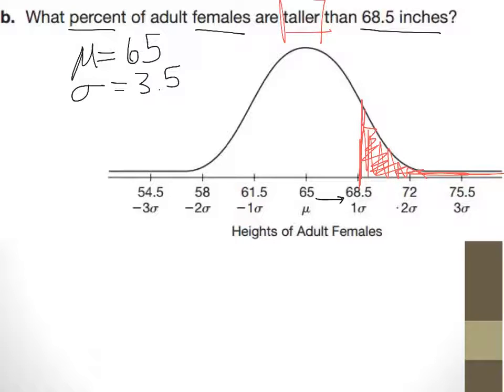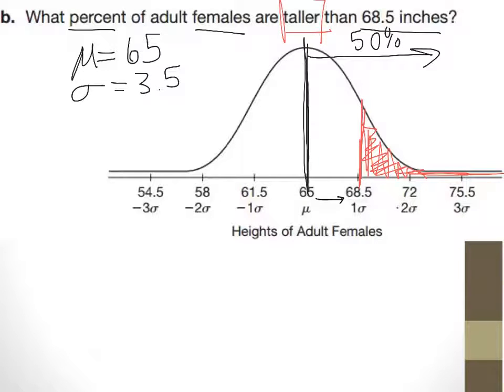Alright, so here's where it's going to get a little bit different. If you imagine, right here at the mean, I should know that that splits my data perfectly in two. So everything above the mean is 50% of my data.